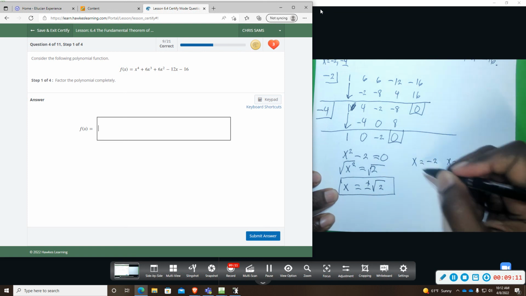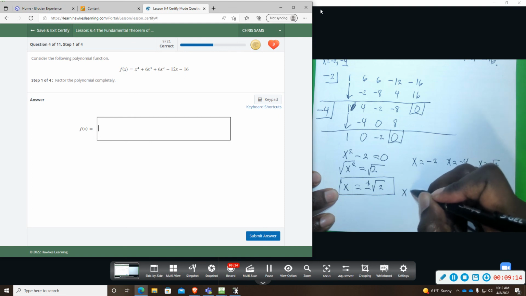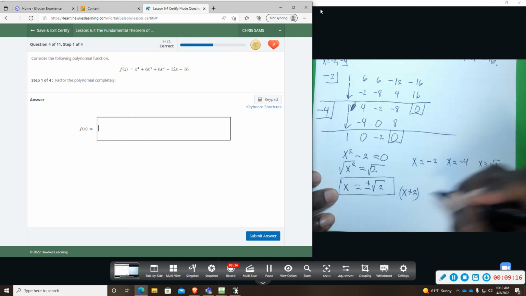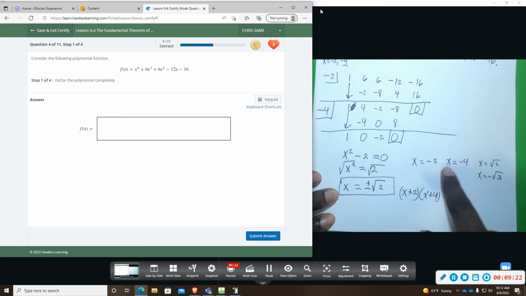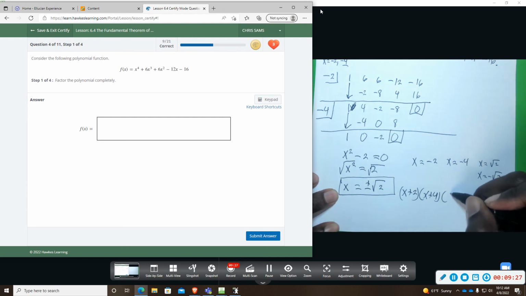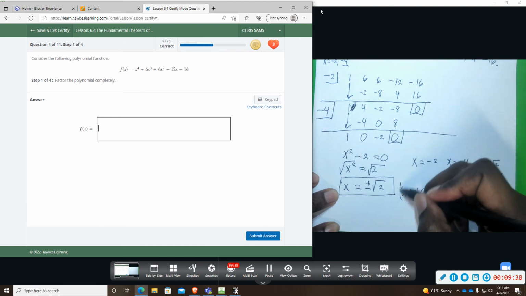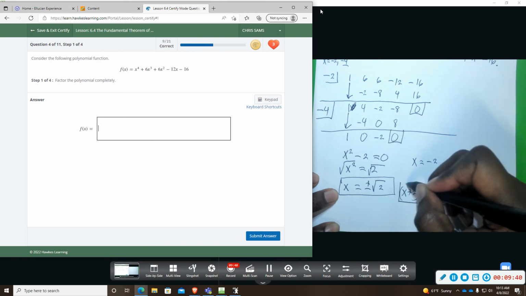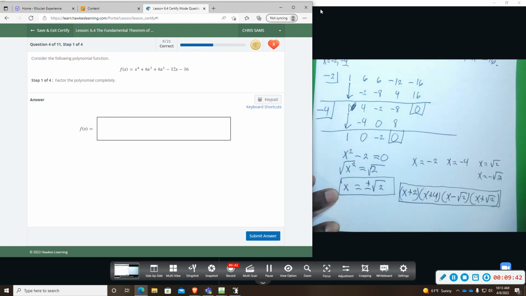So if I add 2, that will give me x plus 2. If I move this over, that will give me x plus 4, going to the same side of the equal sign as x and change the signs. If I move this one over, that's going to give me x minus the square root of 2. And then when I move the negative over, it's going to give me x plus square root of 2. So this is what they mean by factor completely. In order to factor completely, you have to find all the zeros.